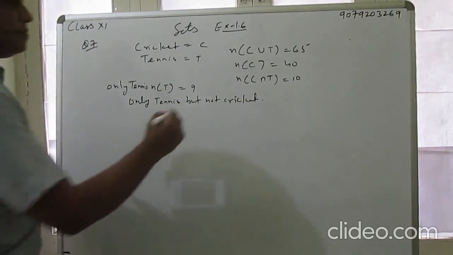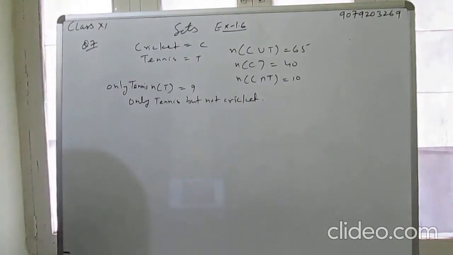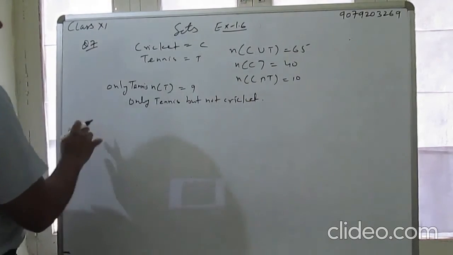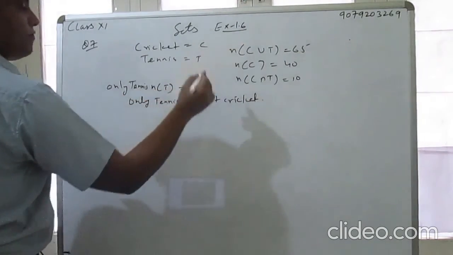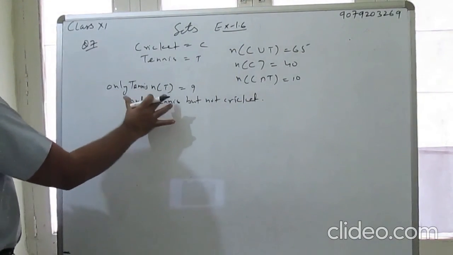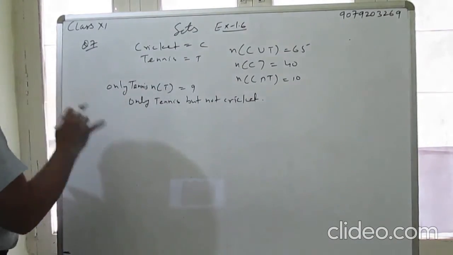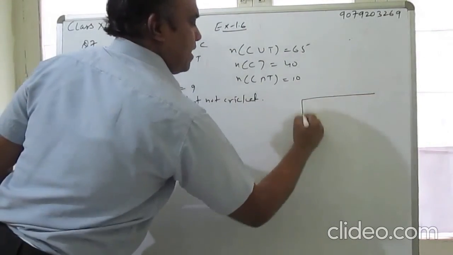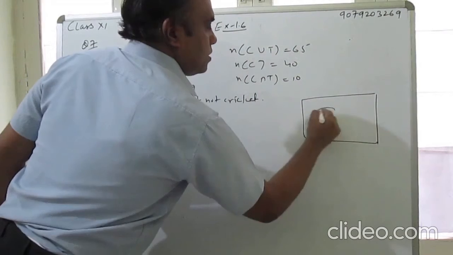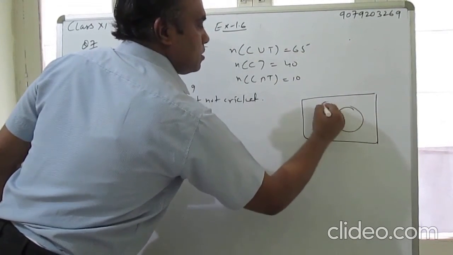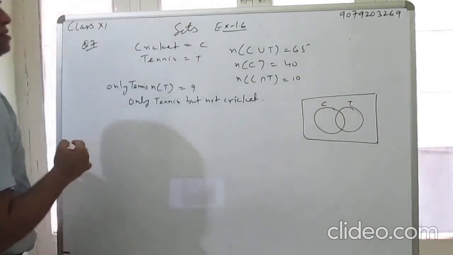Now see here, first we will calculate only tennis and cricket. Suppose I explain with a Venn diagram. This is cricket, this is tennis.